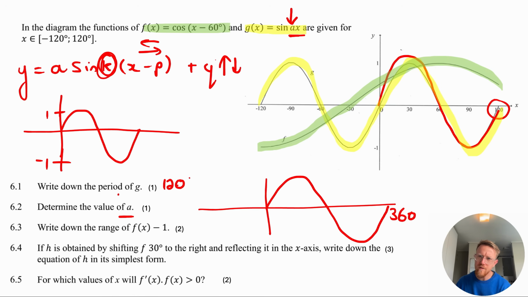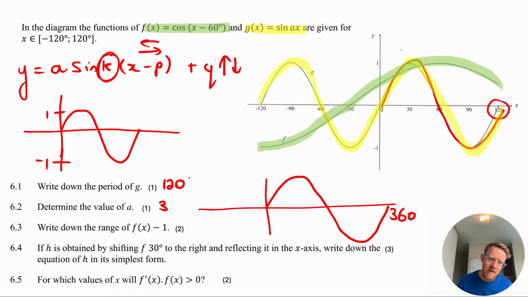But this graph here is completing in 120. So it's definitely been compressed. Okay? So it's been compressed by a factor of 3, because it's normally 360 degrees, but now it's finishing in 120. So that affects this value here, which is the A that they're talking about over there. And so we are going to say 3.